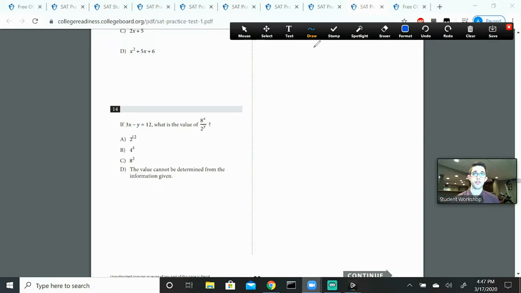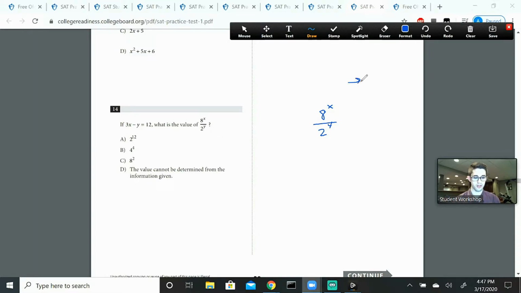It's important to note that the fraction that we're trying to find the value of has different bases, both being raised to exponents. And in order to simplify a fraction with exponents, we need to have the same base. So that's going to be our first step: to take 8 to the x over 2 to the y and give them the same base.